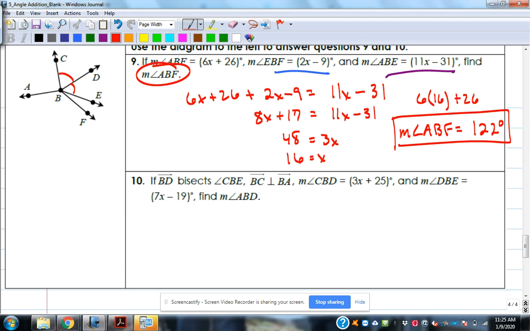And then ray BC is perpendicular to ray BA, so that puts a 90-degree mark there. The measure of angle CBD is 3x plus 25, and the measure of angle DBE is 7x minus 19. Find the measure of angle ABD.